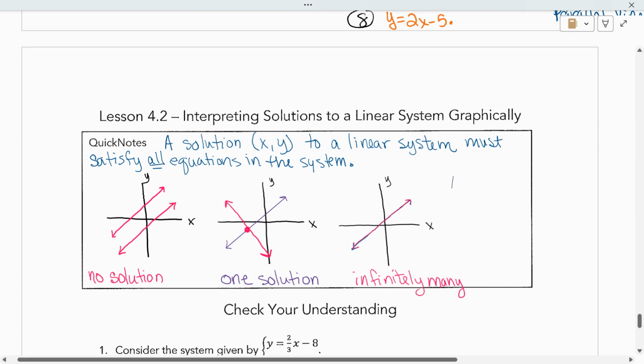And then I'm going to write a note here that says a linear system can have 3 types of solutions.